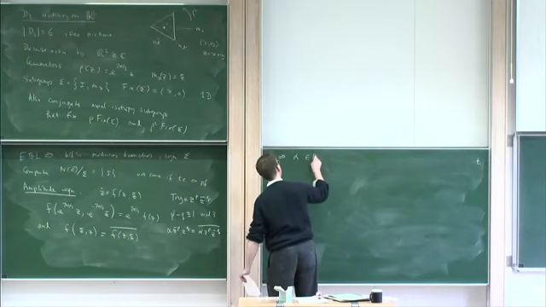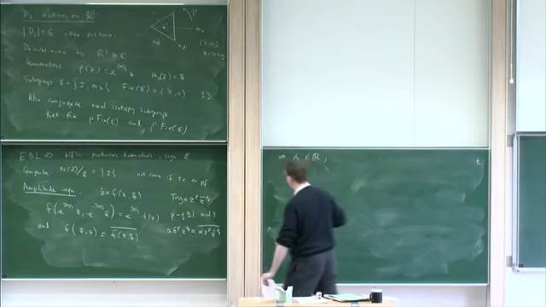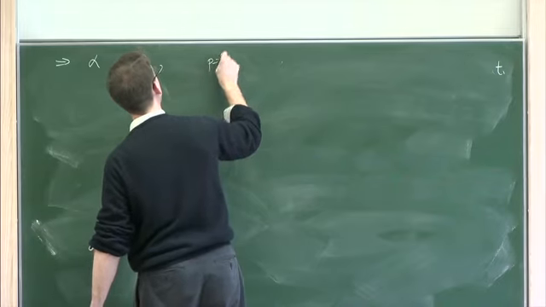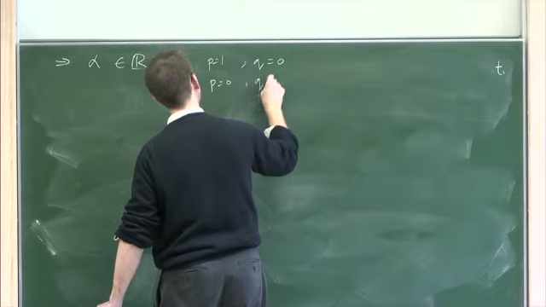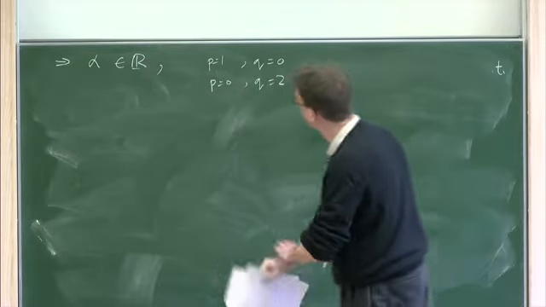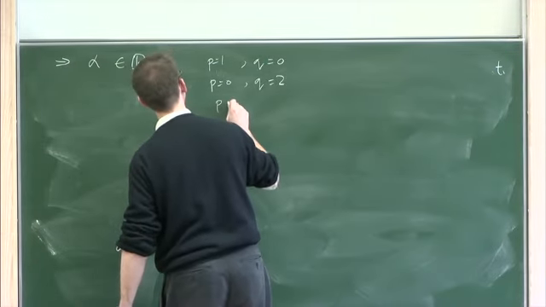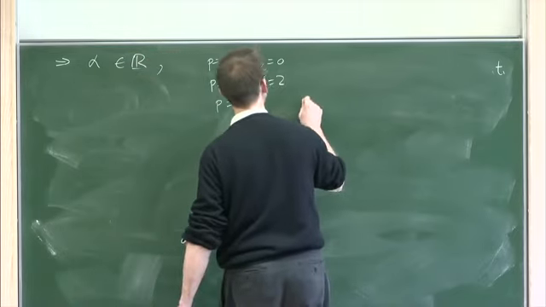So alpha needs to be real, and p is 1 plus q mod 3. So I can have p equals 1, q equals 0, p equals 0, q equals 2, and then a general term, p is 1 plus q.